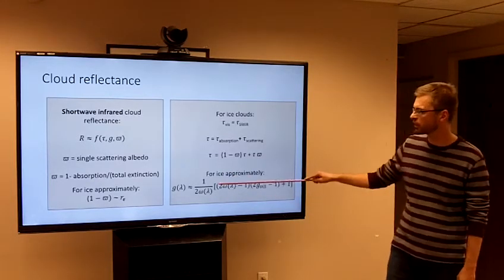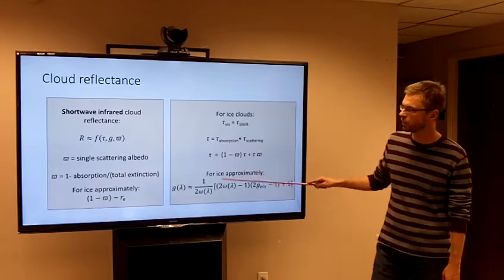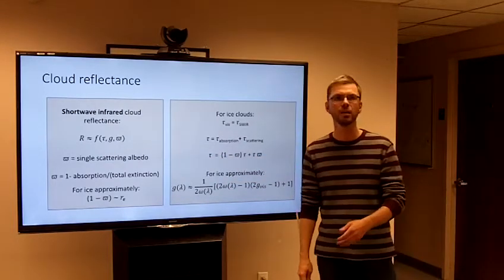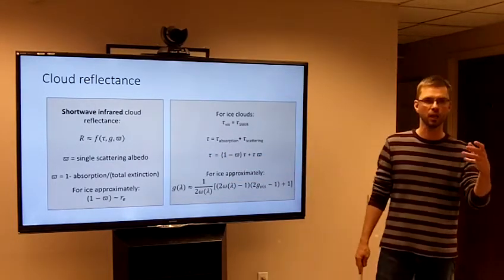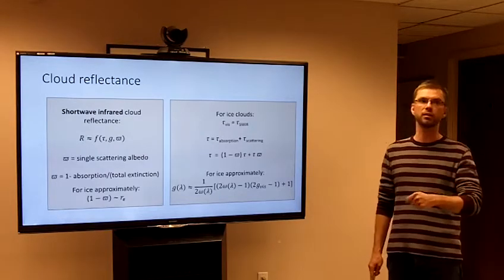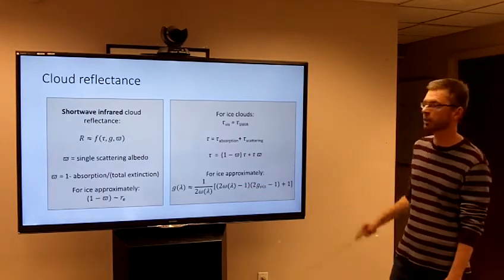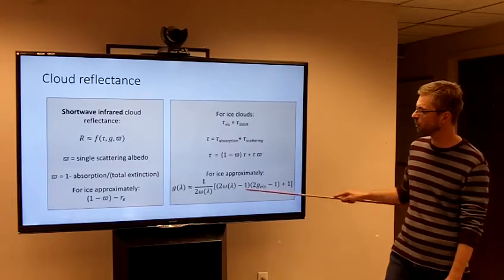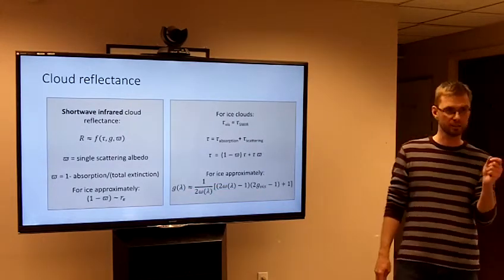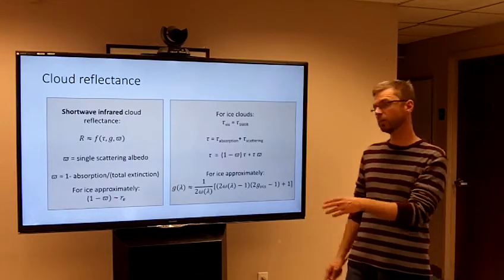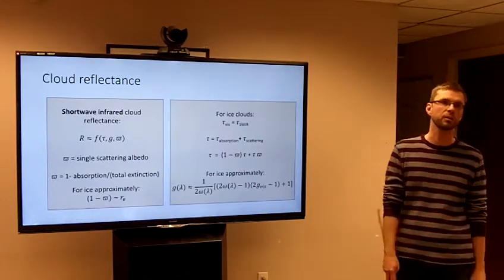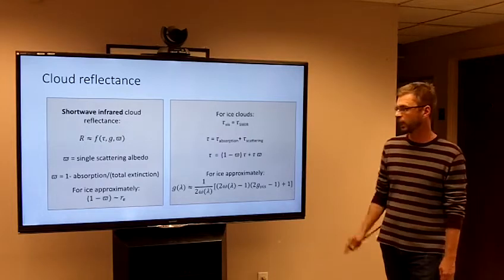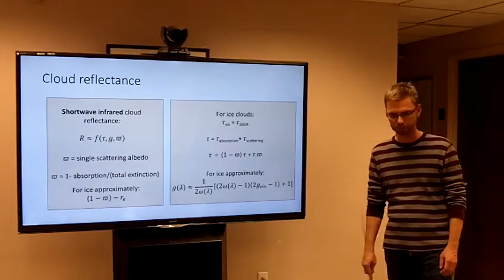Another thing to point out is that the asymmetry parameter also depends on wavelength, but it's mostly because it's weighted by the single scattering albedo, so you can relate the asymmetry parameter at different wavelengths to the asymmetry parameter in the visible in an approximate way.